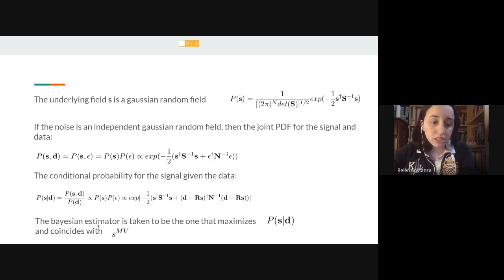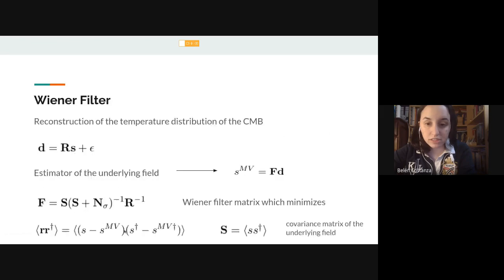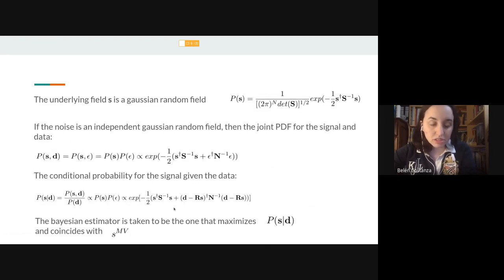So we can define the Bayesian estimator as the estimator that maximizes the conditional probability of the signal or the field given the data, and it coincides with the Wiener filter estimator defined like this. That's why we can say that the Wiener filter estimator is optimal for the reconstruction of the signal given the data.